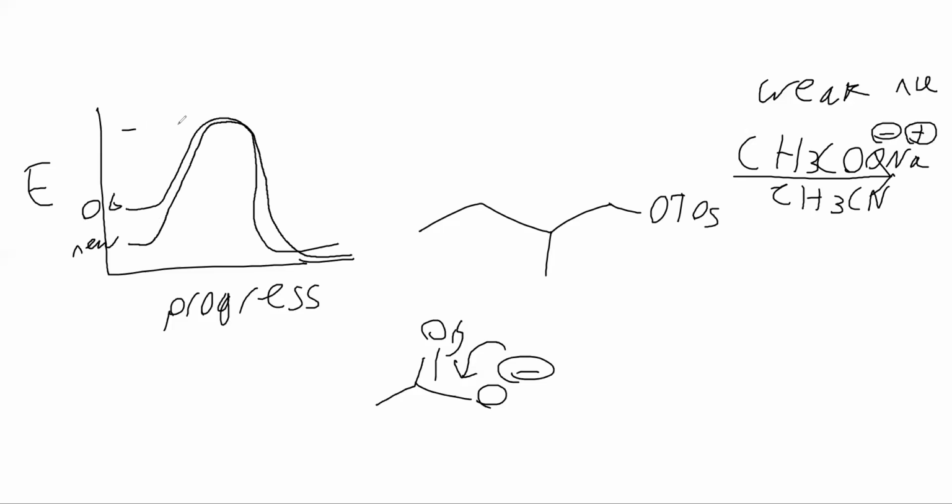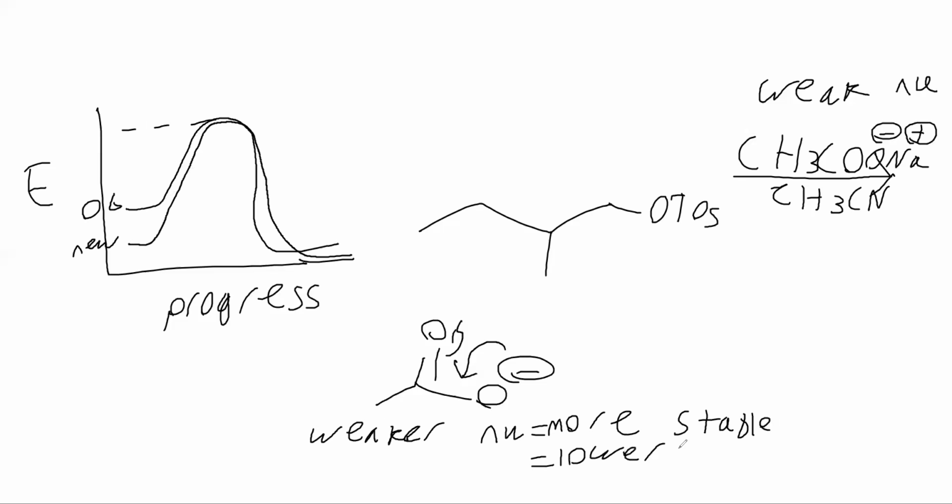It looks exactly the same as when we had the protic solvent, basically, because the effect is the same. So weaker nucleophile equals more stable, means lower energy reactants, but same transition state, so increased activation energy.